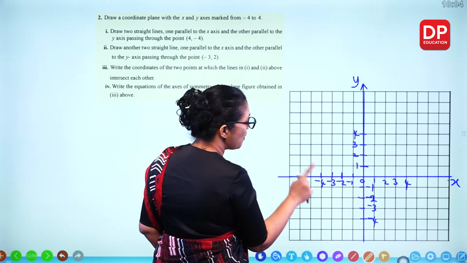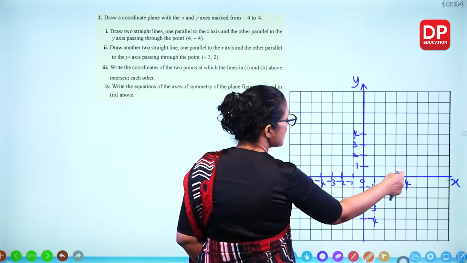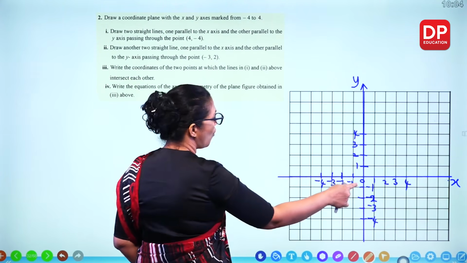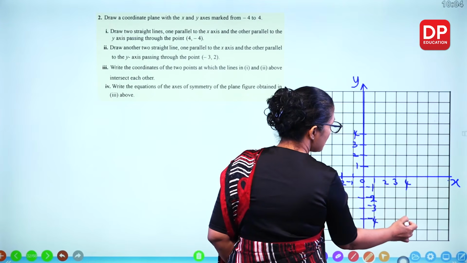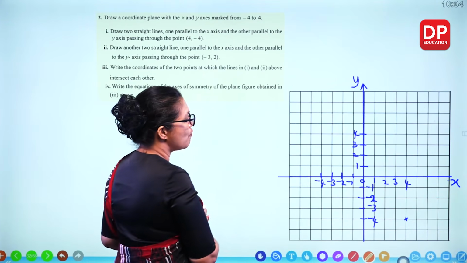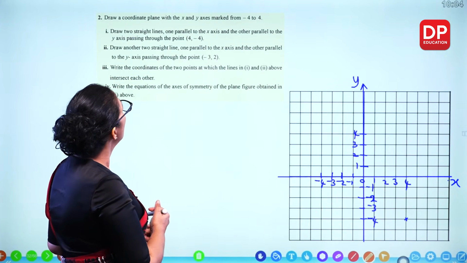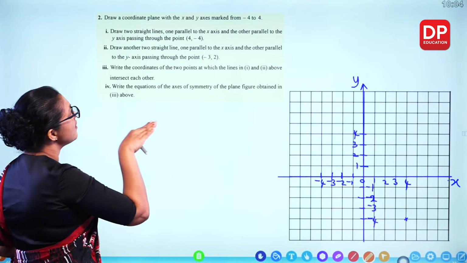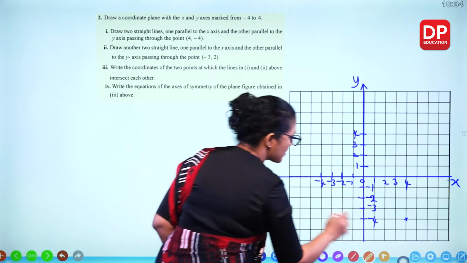So we'll take the point first. X is 4, y equals minus 4. This is the point given, 4 and minus 4. So it passes through this point and is parallel to x-axis.